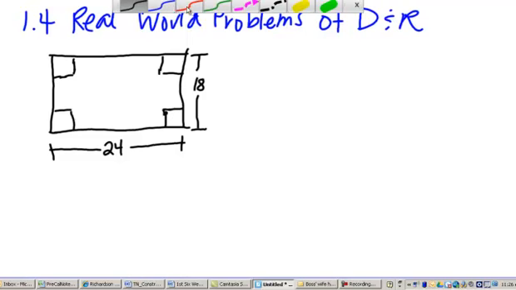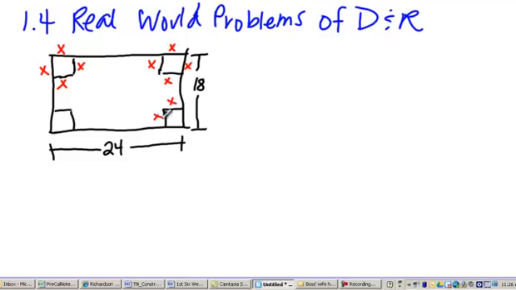But we don't know how long it is. So we're going to label it X, okay? If this side length is X, therefore that side length is X, and that side length is X. Do y'all see that? And same is true for all 4 congruent squares, okay?